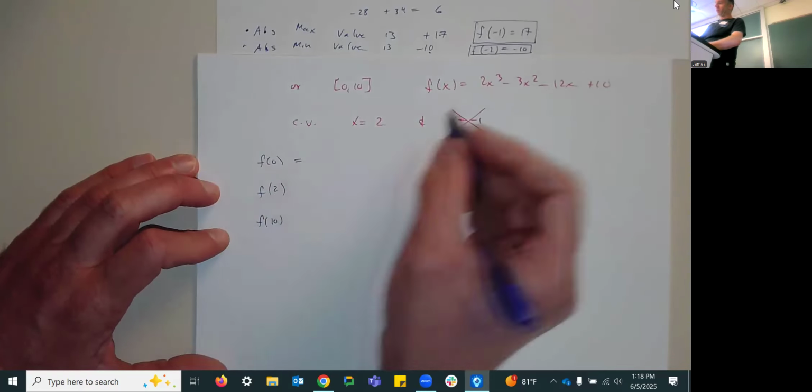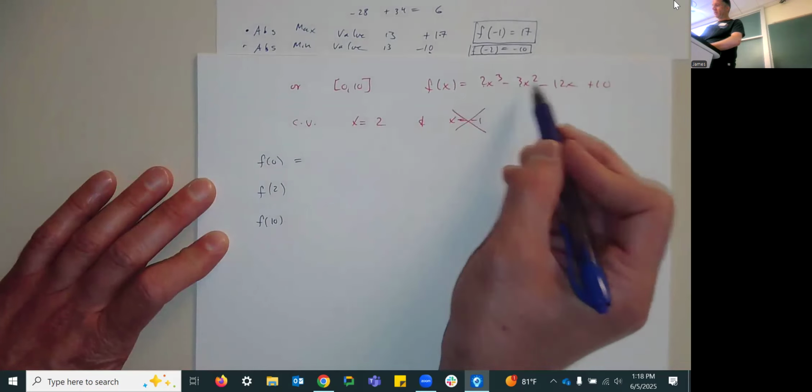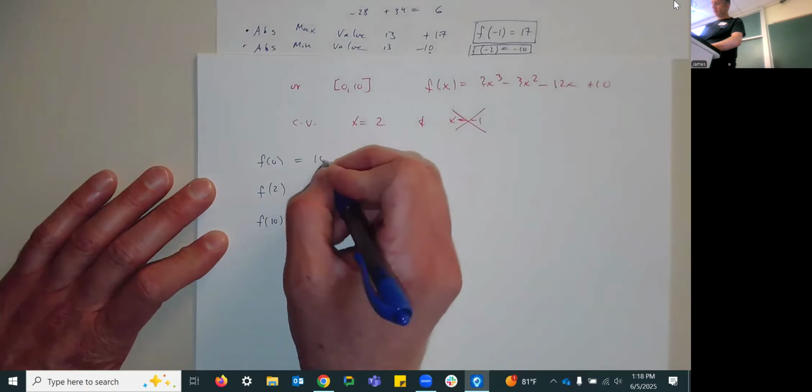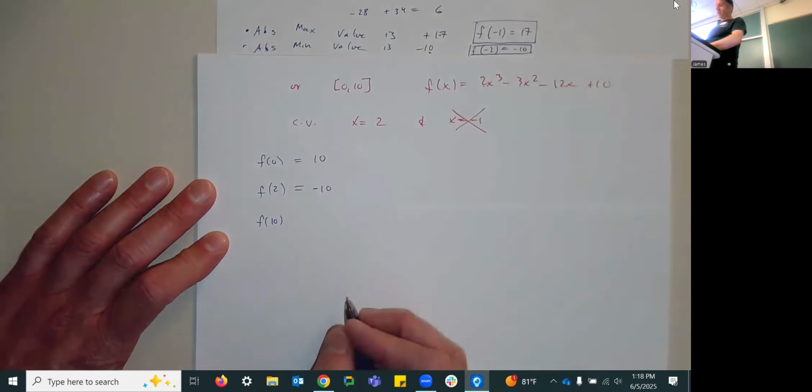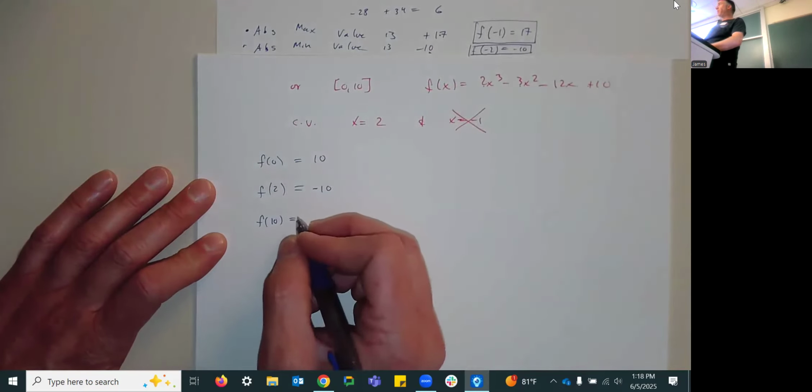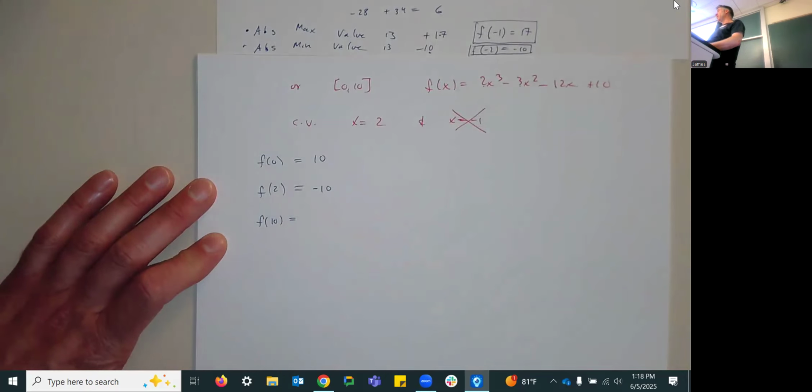F of 0 is super easy. It's 0 minus 0 minus 0 plus 10. F of 2 we already found. It was -10.